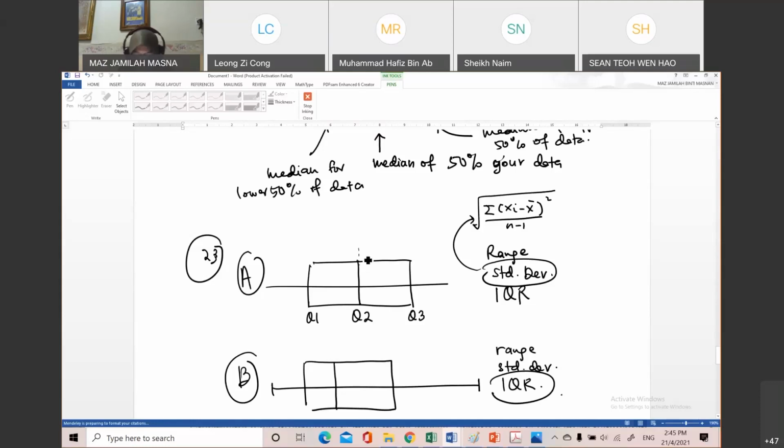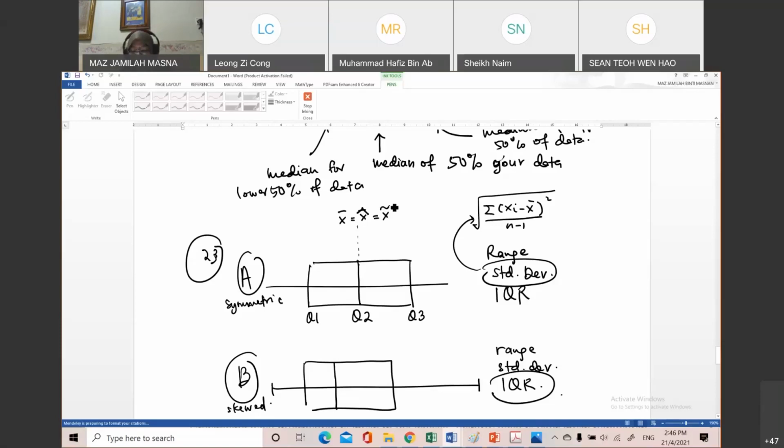This one is symmetric or normal, and this one is skewed. For normal data, we know that every single middle value shares the same value.